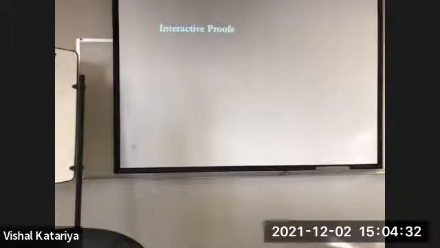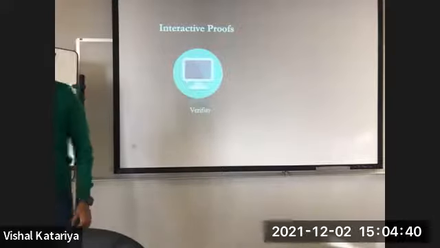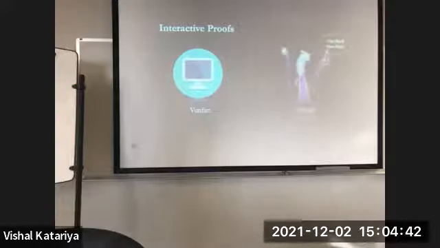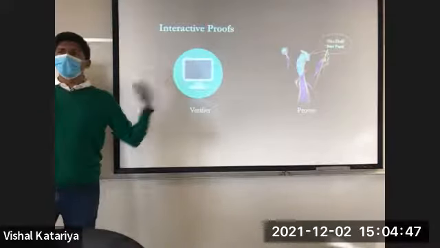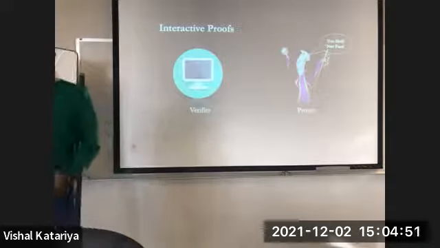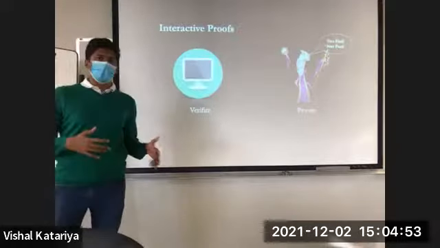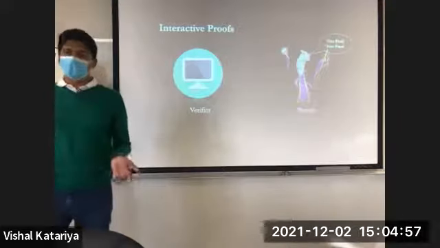The first thing we want to talk about is interactive proofs. In an interactive proof model, there are always two parties, a verifier and a prover. You should think of a prover as an all-powerful wizard who has unbounded computational power. Suppose your verifier can't solve a problem efficiently, but can verify if a solution is correct.